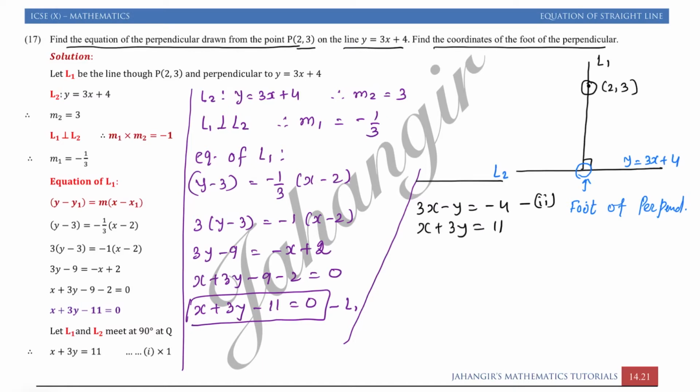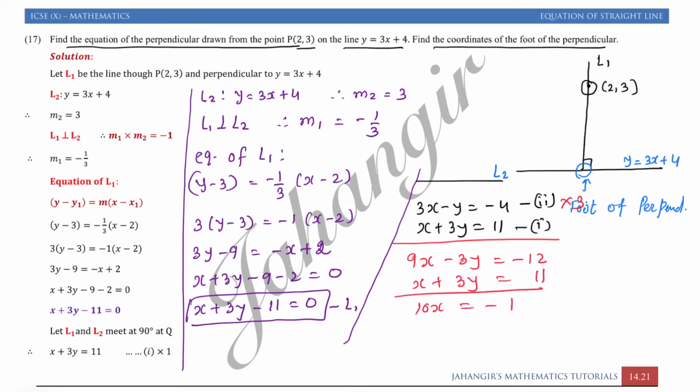We will just solve. I can multiply the second equation by 3, so that I will get 9x minus 3y is equal to minus 12. x plus 3y is equal to 11. 10x is equal to minus 1, so therefore the x coordinate is minus 1 by 10.